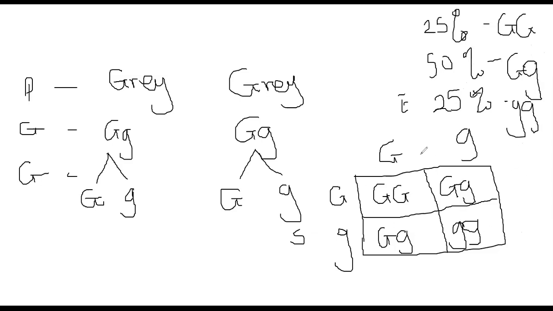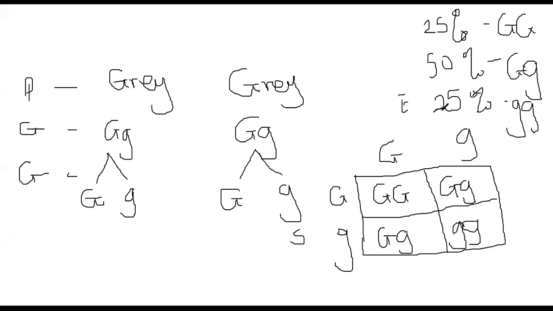So this is the probability that could occur when a male and a female rat mate and both of them are heterozygous for gray. So this is how, in essence, you read your genetic diagram as well. You cross multiply the letters and then you go by your percentage probability.